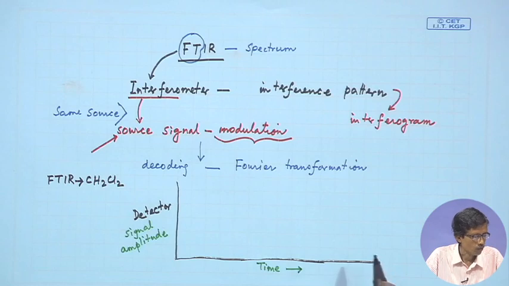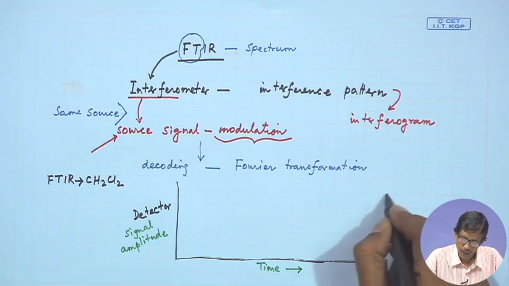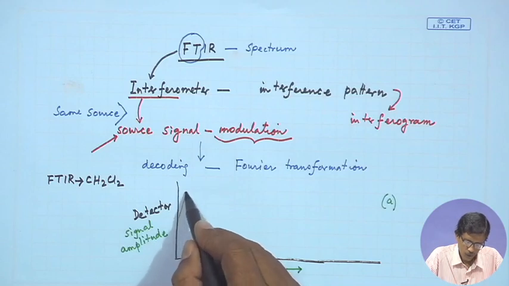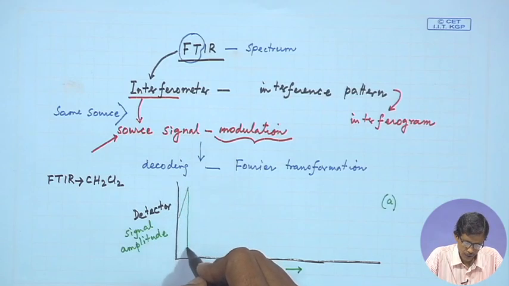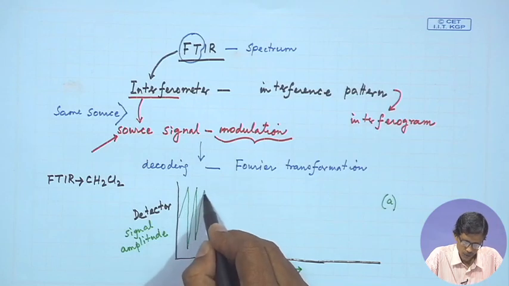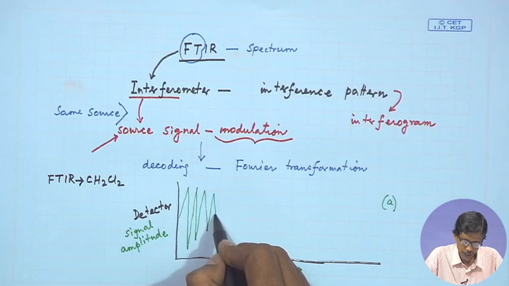This is one form of the spectrum, we call it spectrum A. It will be modulating like this.